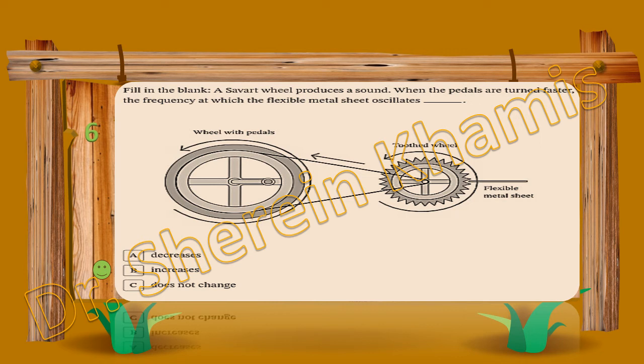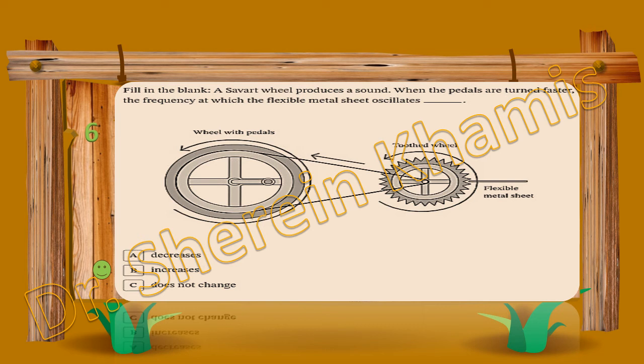The opposite: when the time between the pedal and the flexible sheet decreases, the frequency will increase. Time decreases and frequency increases. This is the only inverse relation; all the others, number of rotations or number of teeth, have a direct relation with the frequency, so the frequency here will increase.